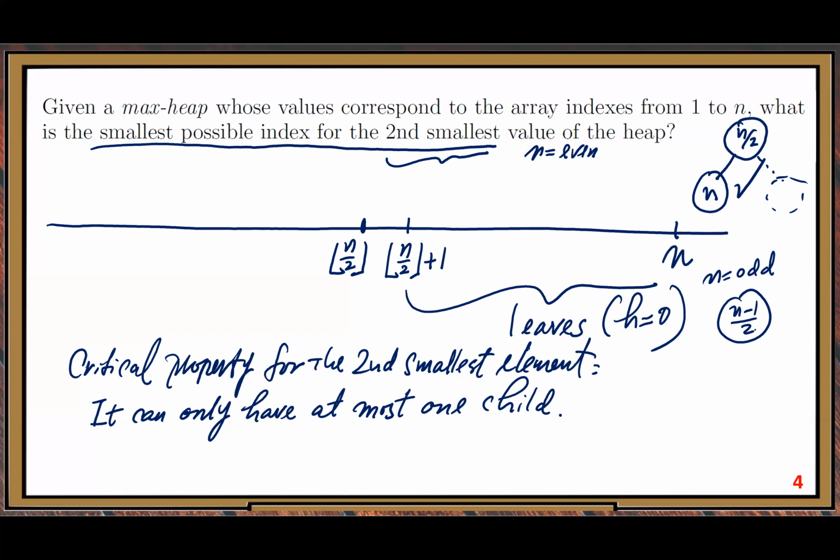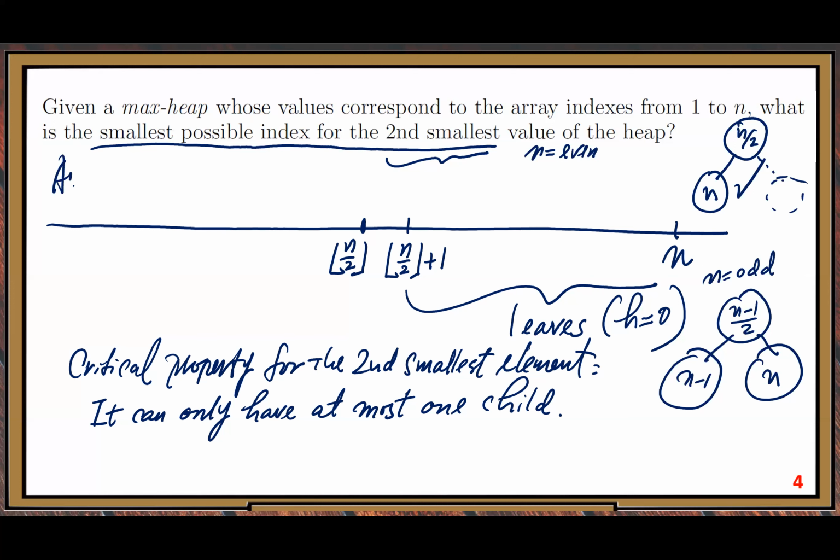Then there are 2 leaves, n minus 1 here, and n here. When n is odd, that floor function corresponds to this number, so it has 2 children.